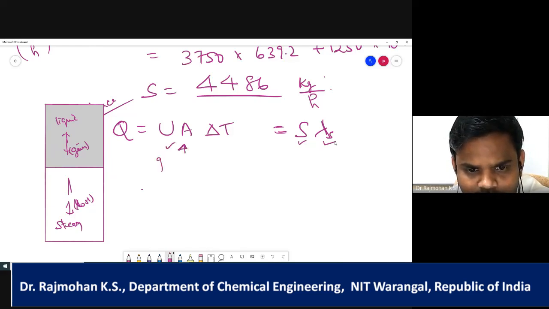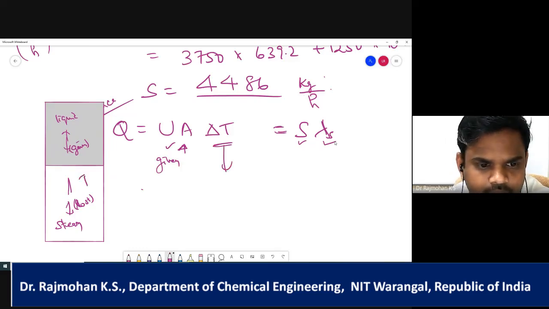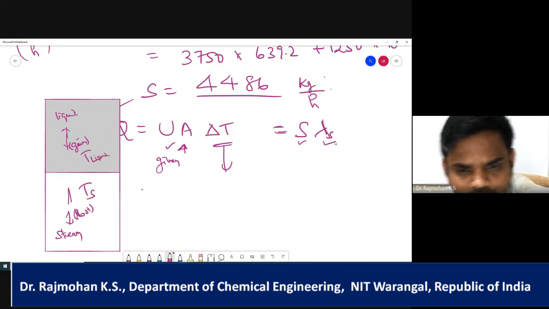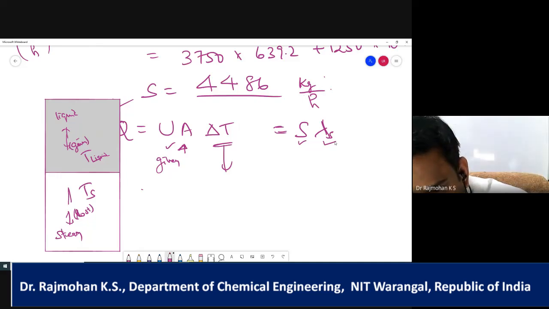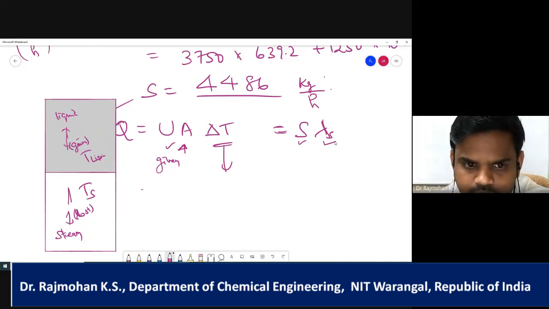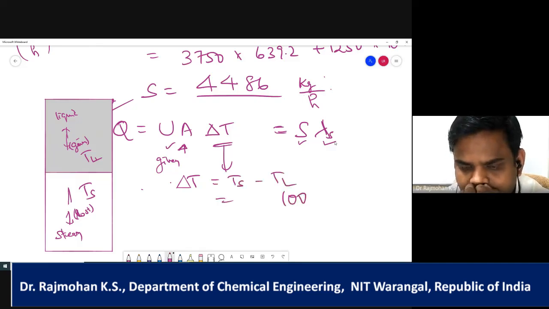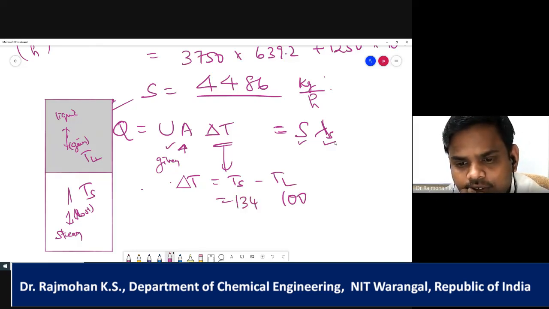U is given, right? Delta T, what is delta T? It is the temperature of the steam minus temperature of the liquid. Liquid means that is the system. So we know that liquid is at 100 degrees Celsius operation temperature. Steam is available at 134 degrees Celsius.